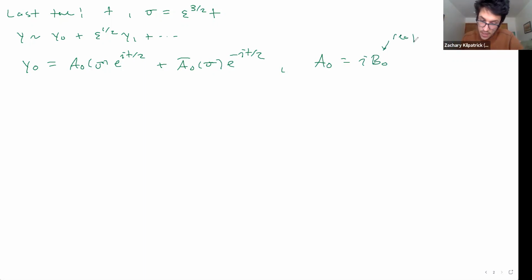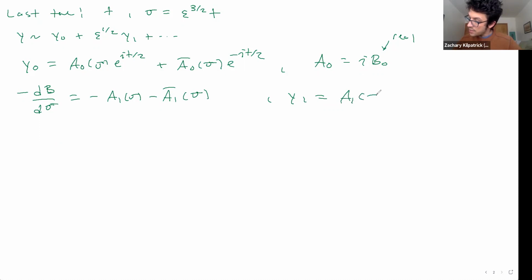We'd also found that minus dB/dsigma is equal to A1 of sigma minus A1 bar of sigma, where Y1 is equal to A1 of sigma e to the i t over 2 plus its complex conjugate.